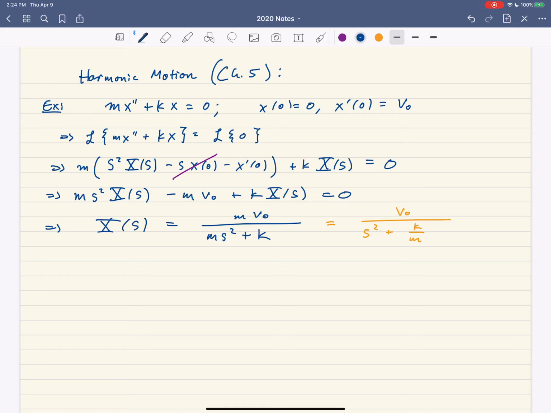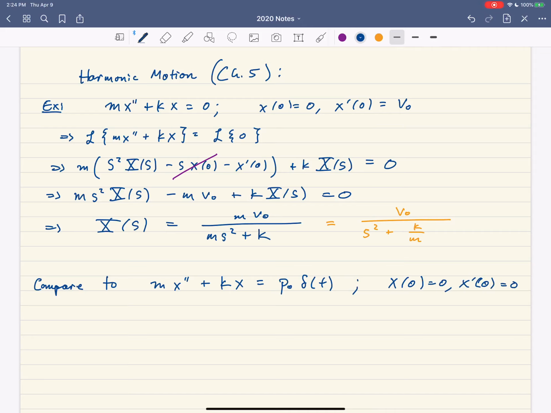What I want to do is compare this to another differential equation: m x double prime plus k x equals P0 times delta of t, subject to the initial condition that x of 0 is 0 and x prime of 0 is 0.